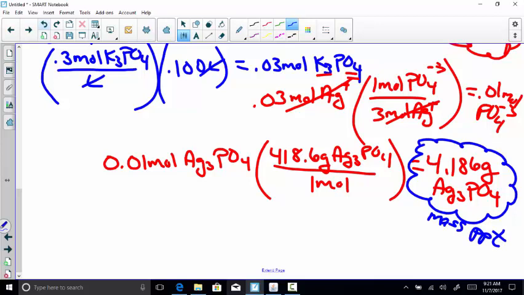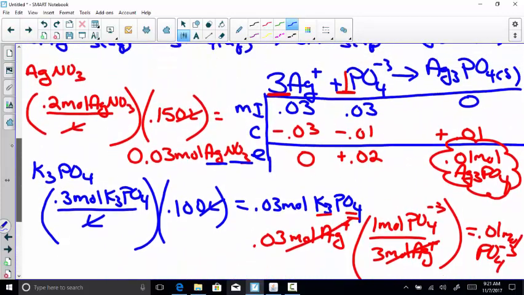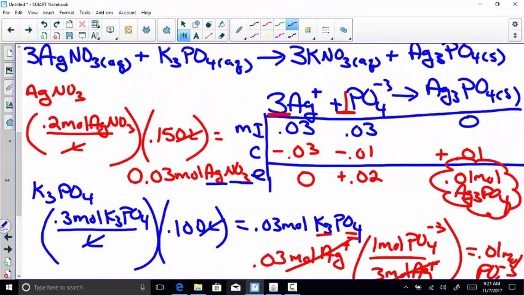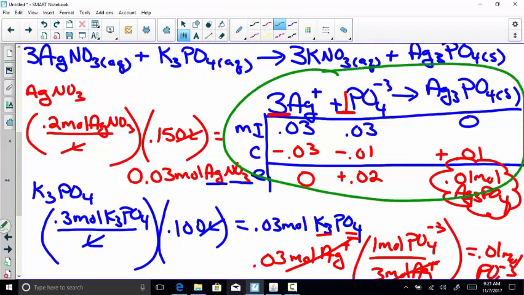Okay, now, some things to go back and look at here. Okay, with my MICE chart right here. So with this MICE chart, what we want to look at is what ions are left over. And what you see is you have phosphate ions left over.